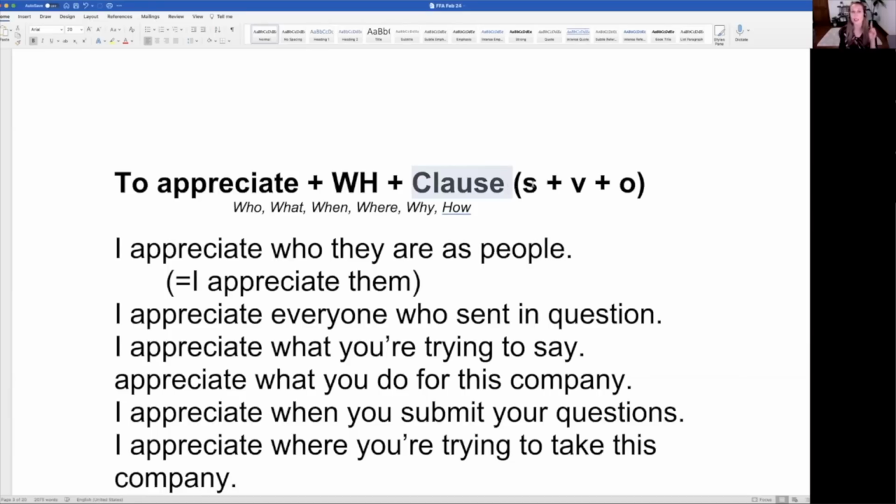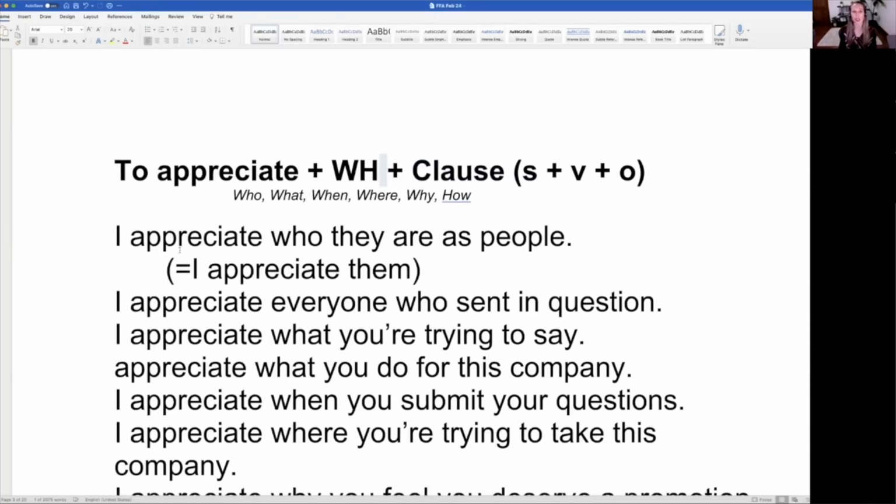So you have a subject, verb, and object. So we don't have a verb beside the WH. We have a subject, okay? So you could say, I appreciate who they are as people. So who is our WH, and then we have a clause. They are, subject, verb.